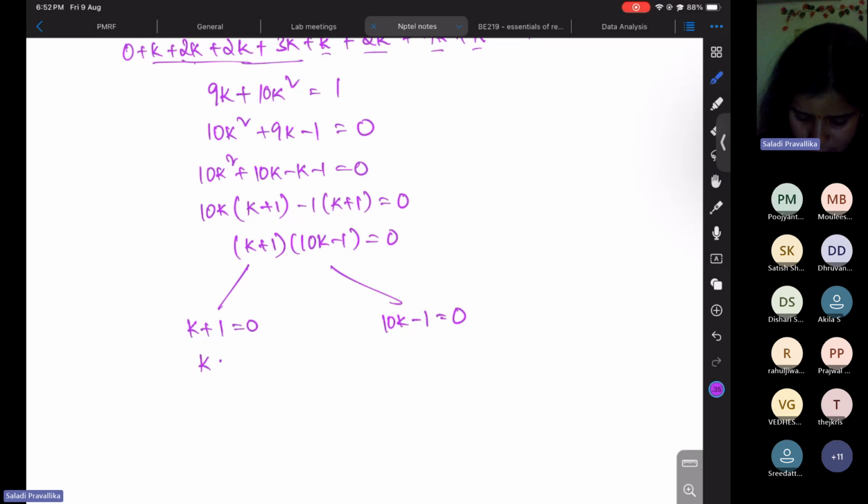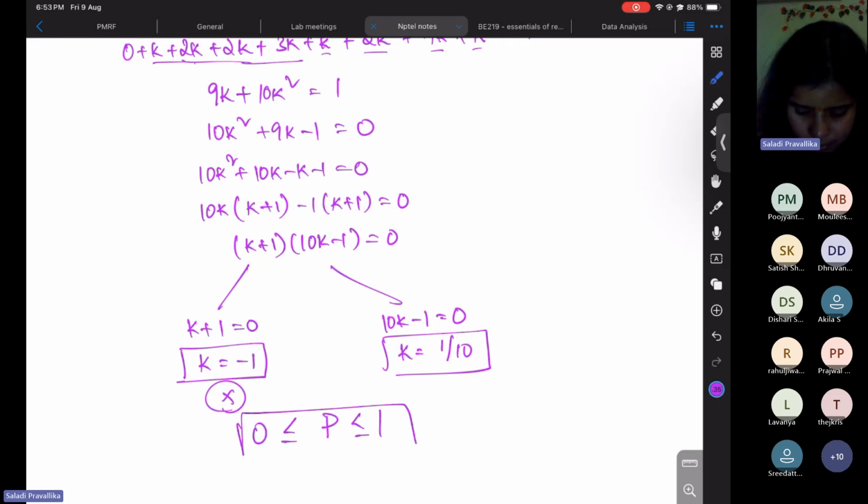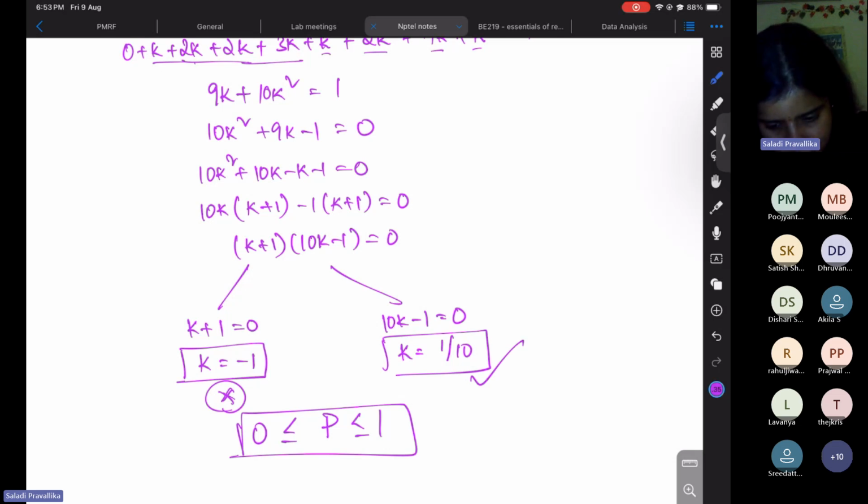If I take this, k is equal to minus 1, and if I take this, k is equal to 1 by 10. We are not taking the first one because probability lies between 0 and 1 only. Probability is always positive and less than 1. So the k value is equal to 1 by 10 only.